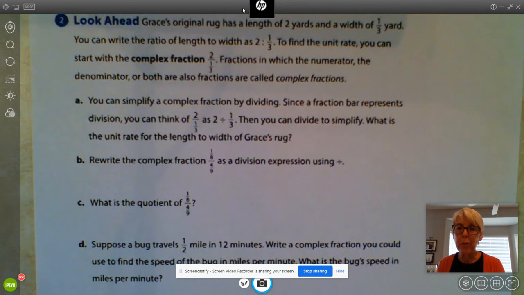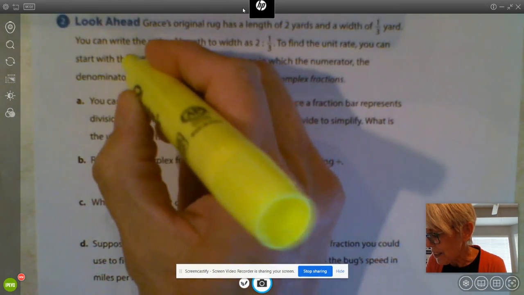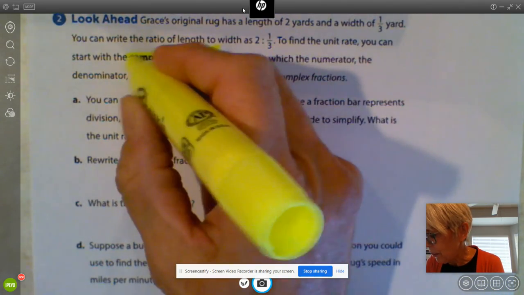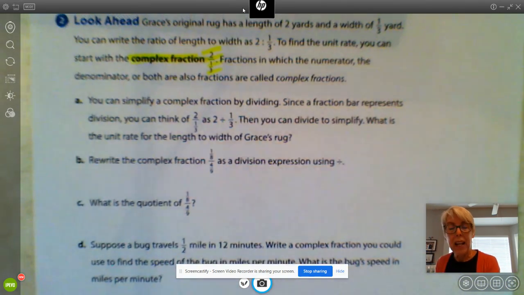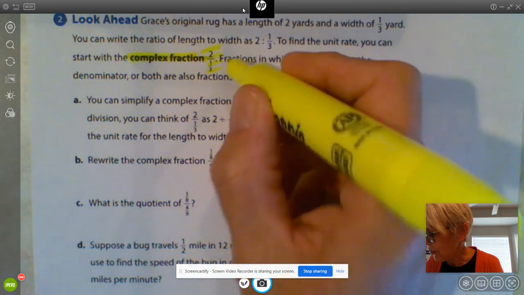Fractions in which the numerator, the denominator, or both are also fractions are called complex fractions. If you have a highlighter, this is the perfect time to employ that highlighter. I'm going to highlight this phrase, complex fractions, the example of a complex fraction, and the definition of the complex fraction.